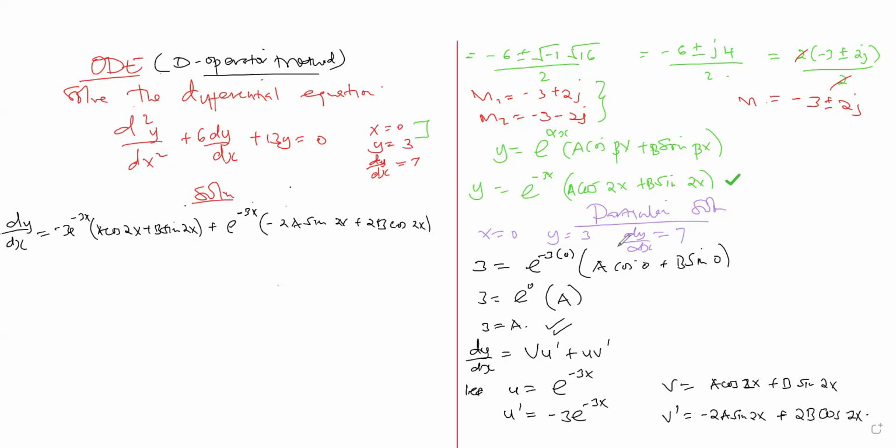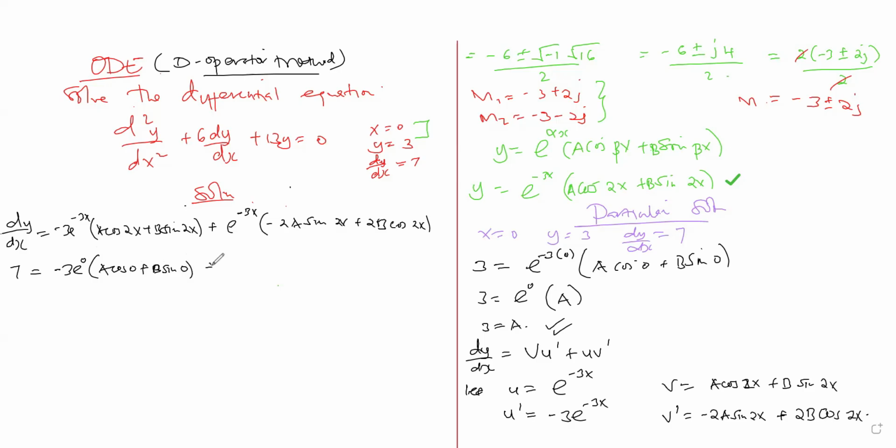And which limits will you use? dy/dx and x. Okay. So what is your dy/dx? 7. What is your x? 0. So you shall have 7 equals, so x is 0. So we shall have e to the negative 3 times 0, which is just 0. Then a cos of 0 plus b sine of 0.